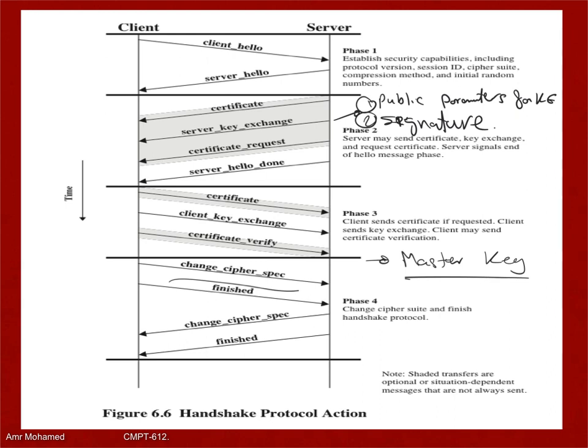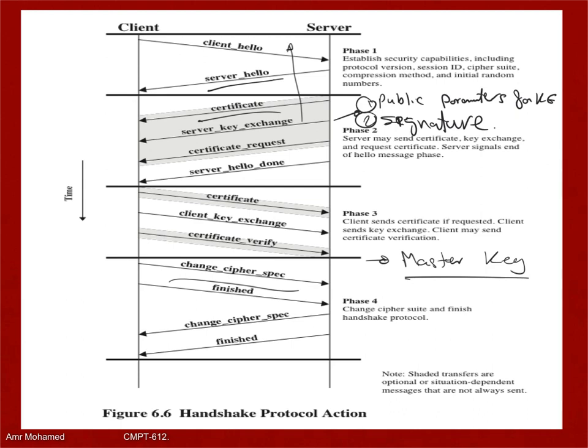In the server key exchange, the server sends a signature which is a hash value of all the messages sent before that by the server. So all the hello, all the server hello, all the certificate, everything. It creates some hash based on all these messages and sends it as part of the server key exchange.